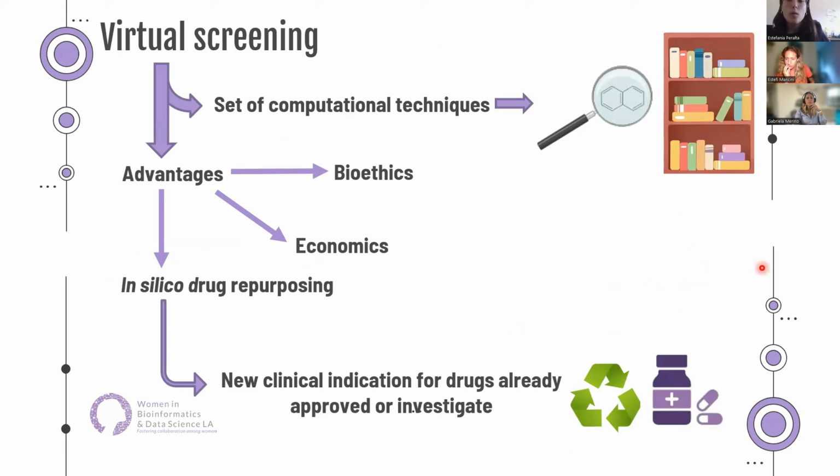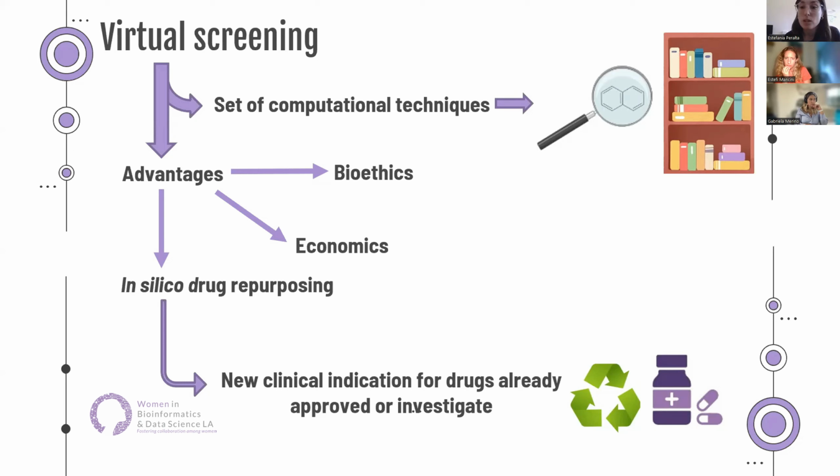Well, one of the computational methodologies for the identification of new drugs is virtual screening, which is a set of computational techniques that allow exploring the biological activity of chemical compounds that are stored in chemical libraries or digital libraries of chemical structures.